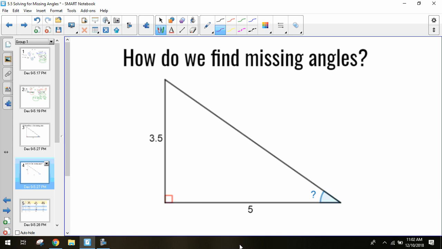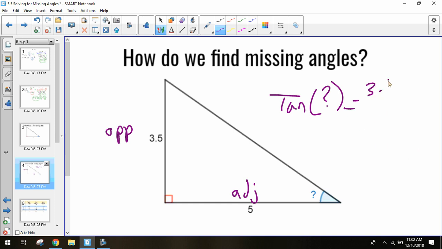Opposite and adjacent. So if we think backwards, we know that tangent of some unknown angle is equal to our opposite side of 3.5 over our adjacent side of 5.